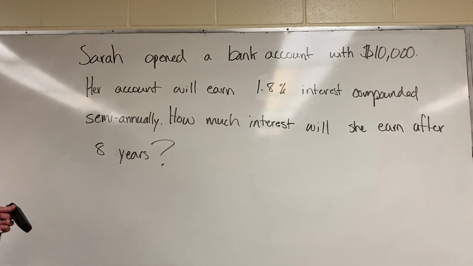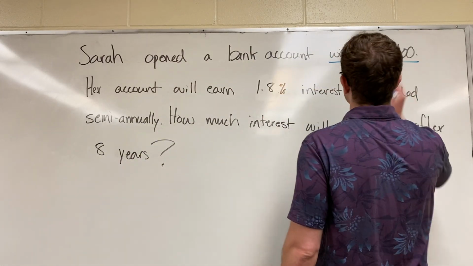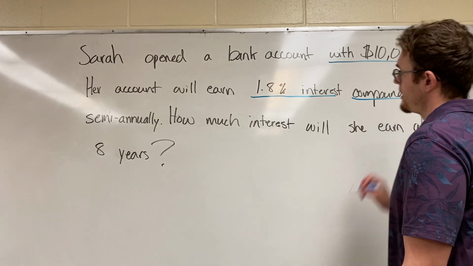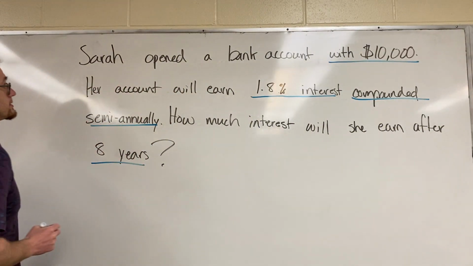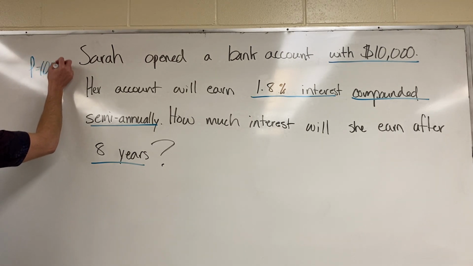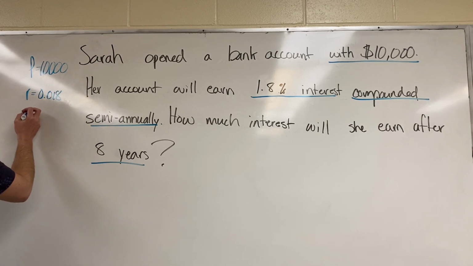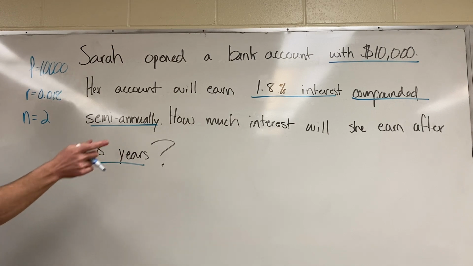So go through and highlight all the important information that you need. Starting with $10,000, we got 1.8% interest. It is compounded semi-annually, and it's gonna be after 8 years. So P equals 10,000, R equals, again, 0.018. N equals 2, semi-annually, half a year.